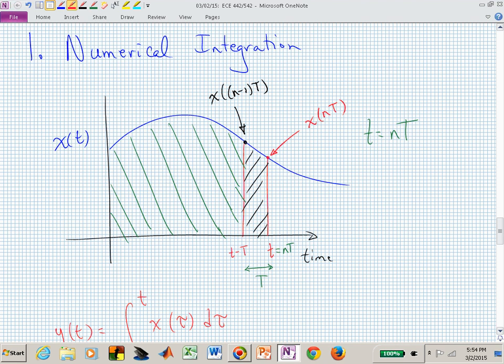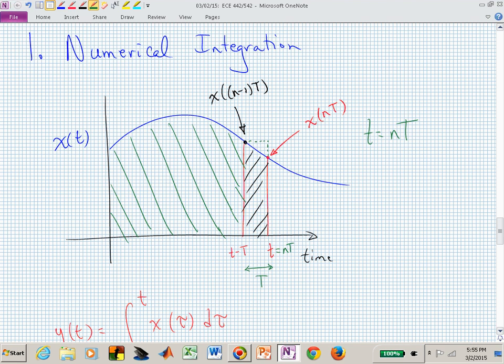In the forward rule, what we are doing is we are saying just assume that we are looking forward from x at time n minus 1 capital T, and now you can see that we've approximated this sliver with a rectangle. And now the area of that sliver is approximated by a rectangle that's not very difficult to define.